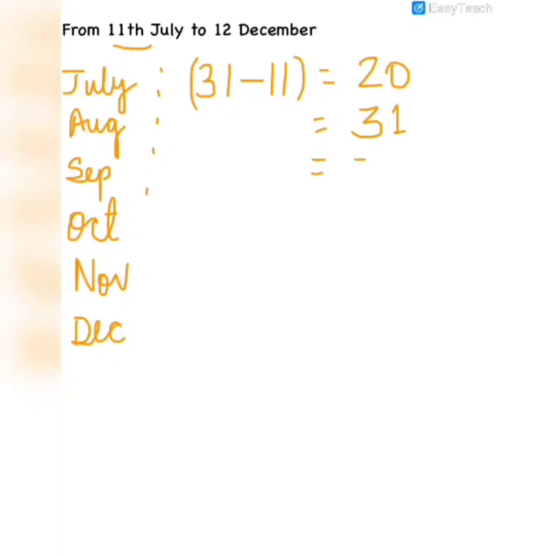September has 30 days. October has 31 days. November has again 30 days. And December has 31 days, but in December we have to include just the starting 12 days.